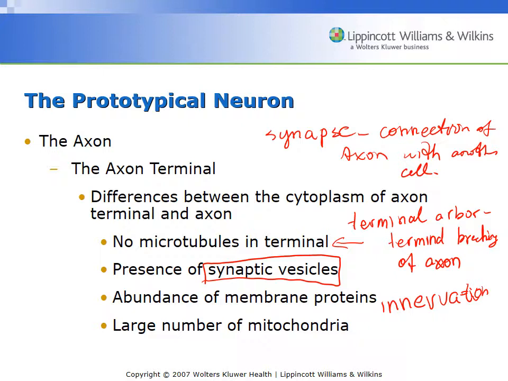And finally, this area has very large numbers of mitochondria. And I hope you can think of at least one reason why, or what this would entail to have a lot of mitochondria. And yes, that area is very highly energy dependent.